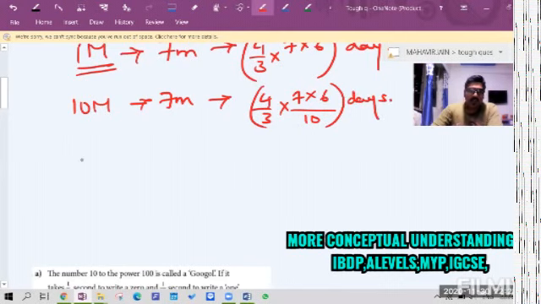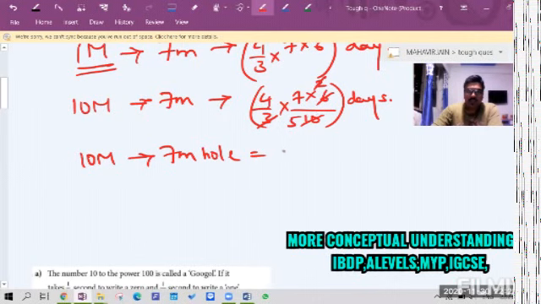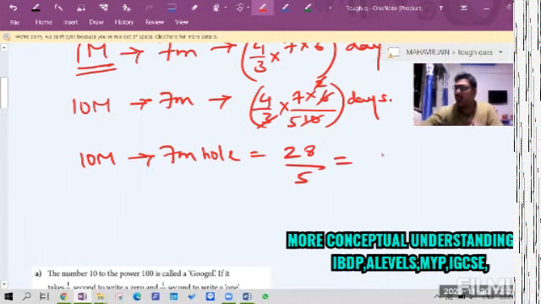So if I work on this part, take 10 men to dig a 7 meter hole, it would take 4 by 3 into 7 into 6 upon 10. Use your calculators maybe. So 3 2s are 6, 2 5s are 10, and what you have is 4 7s are 28. 28 by 5 is approximately, 5 5s are 25, so 5 point something.